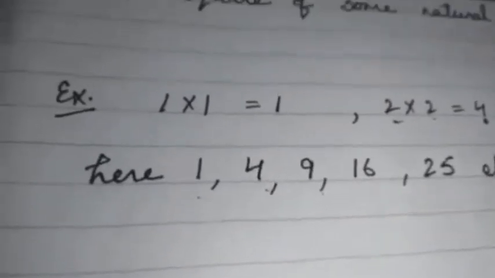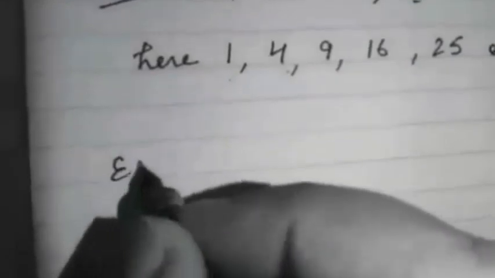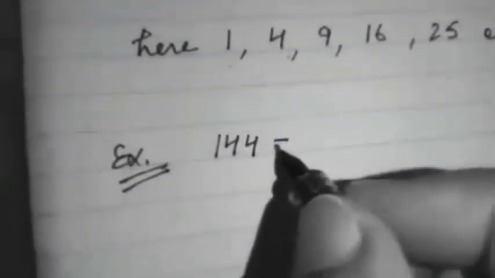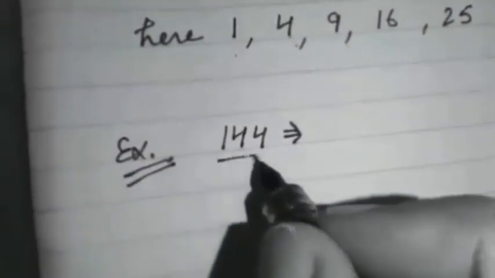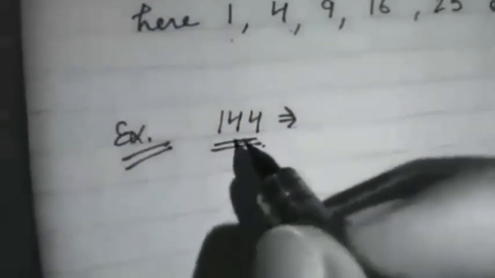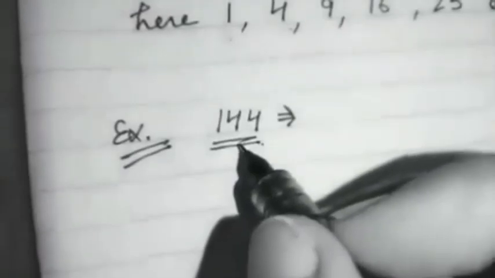So let's take one example for this, say 144. We have to show whether this 144 is a perfect square number or not. For finding this out, as the first step you will find the prime factors.